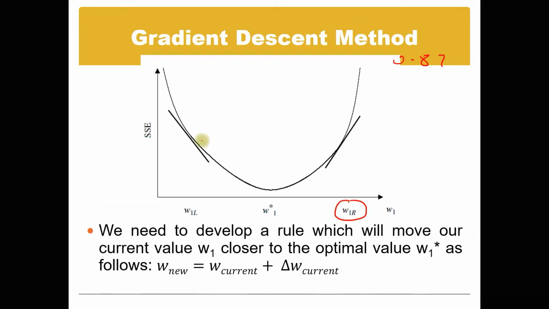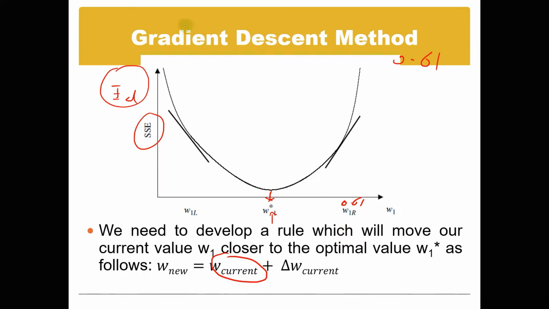Let's suppose you have a weight 0.61 here, and W1 is our 0.61, let's suppose. What you want to do is update that weight. You will see that the sum of squared errors, which is our ET here, has its optimal solution at less than 0.61. It's going to be on the left here. But the current weight that we have is 0.61.